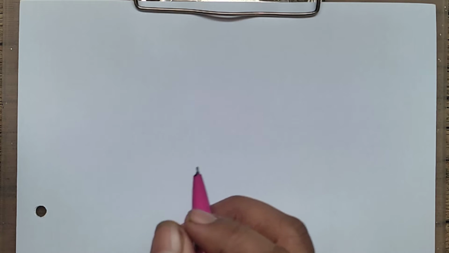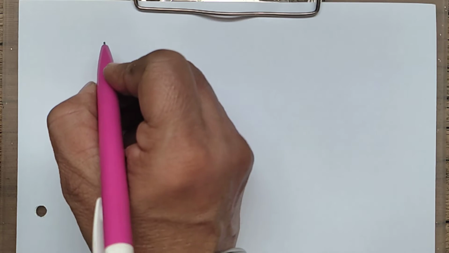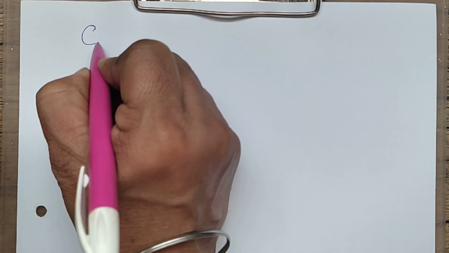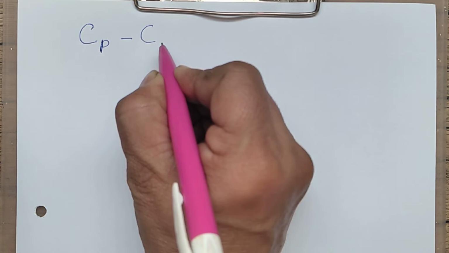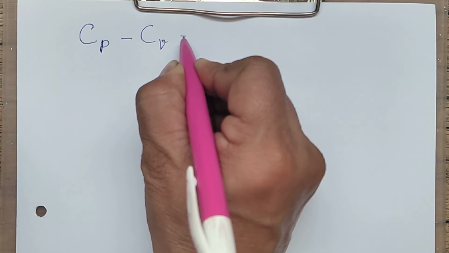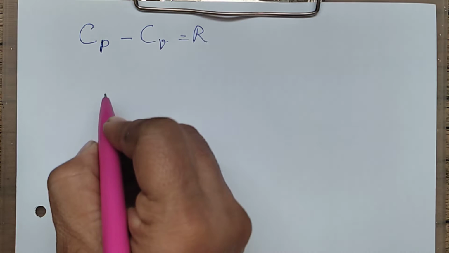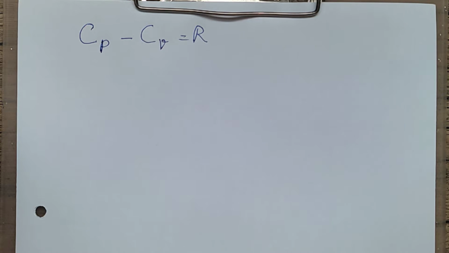There is one more important relation: molar heat capacity at constant pressure minus molar heat capacity at constant volume is equal to R, your universal gas constant. This is an important relation. At times numericals can be asked.